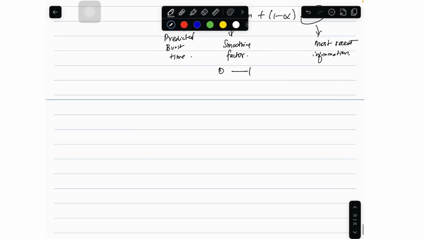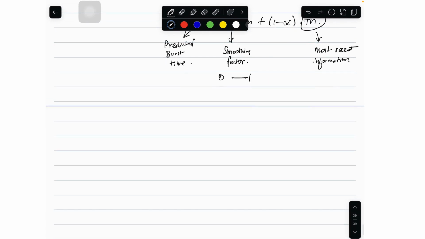Now, what happens if the smoothing factor is 0? Tn+1 is equal to 0 multiplied with Tn, plus 1 minus 0 multiplied with the past value. The first term gets cancelled.